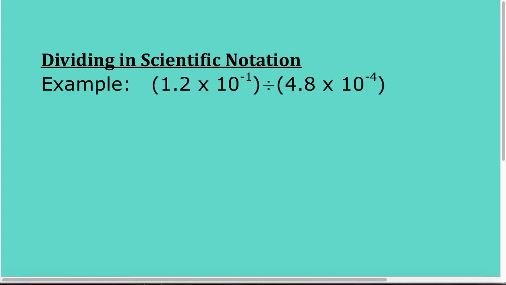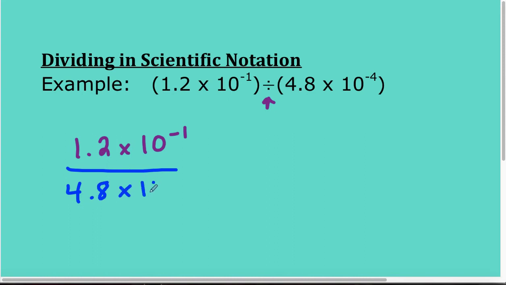All right. Let's try dividing. Now, this one just gave me the division symbol. I'm actually going to show you this one by writing it using the fraction bar as the division symbol. Okay, so much like we just did, we can simplify by dividing these numbers. So 1.2 divided by 4.8 is 1/4.